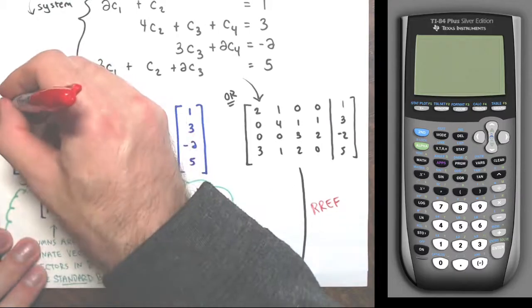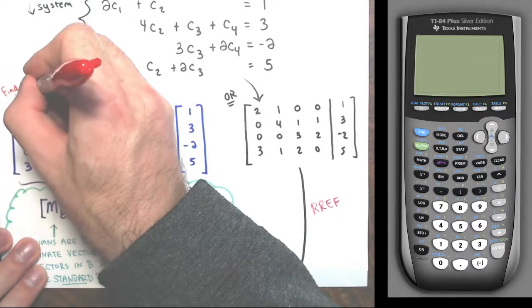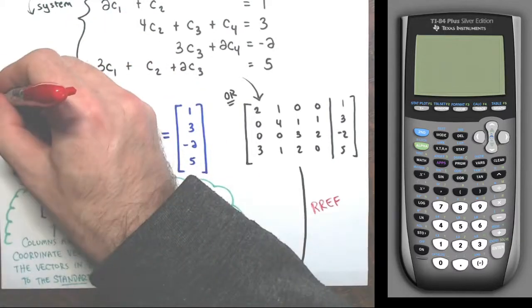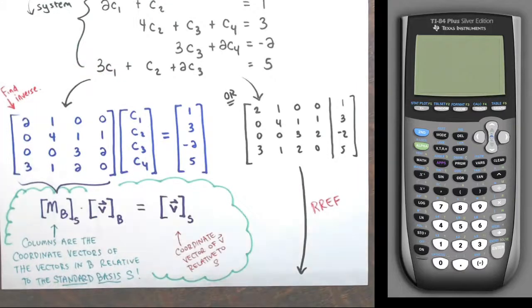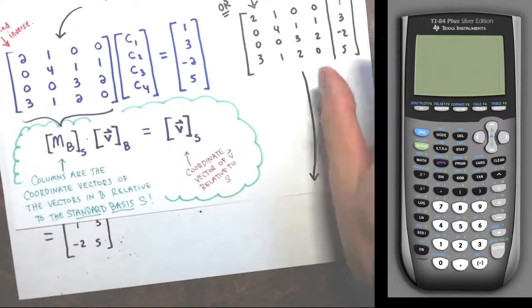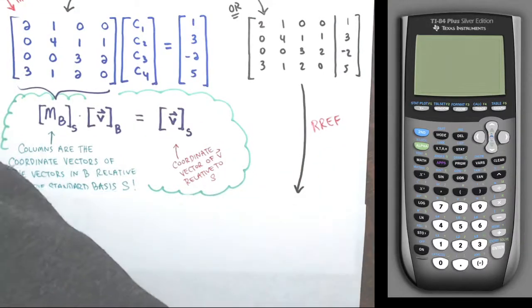Over here you could find the inverse if you'd like, and it'll help you, but like I said, not my favorite thing to do. So I put that system in reduced row echelon form and I get the following system. Let's keep those numbers up, and I'll enter those on the calculator.